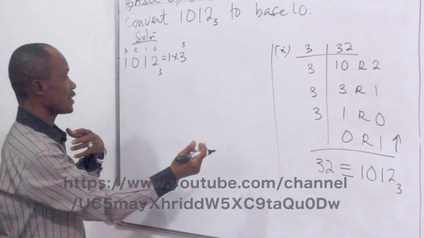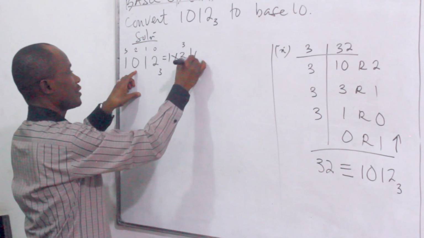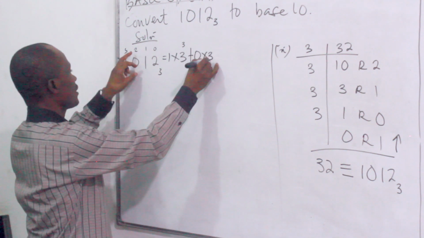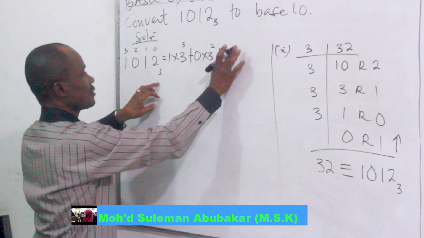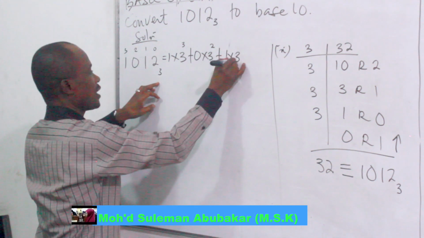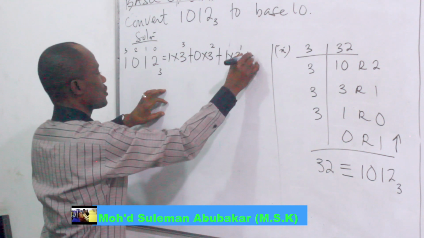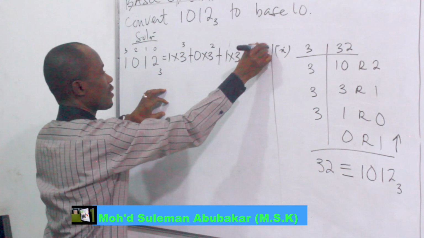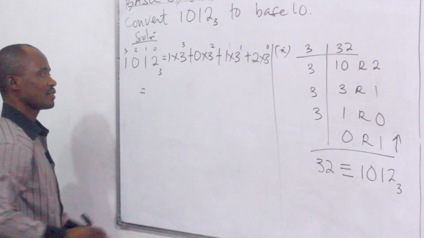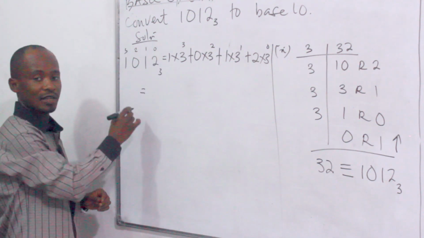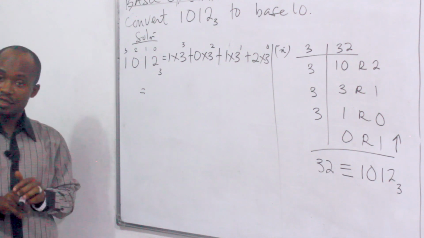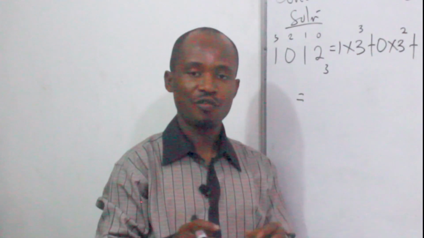But for the sake of class teaching, you add plus 0 times the base raised to the power of 2, plus 1 times the base raised to the power of 1, plus 2 times the base raised to the power of 0. To simplify this, remember 3 raised to the power of 3 is 3 times 3 times 3, the answer is 27.